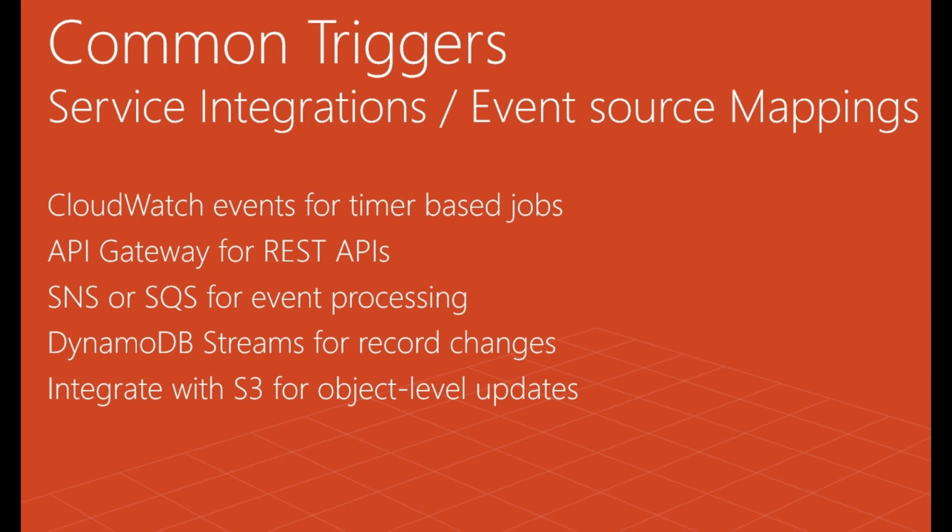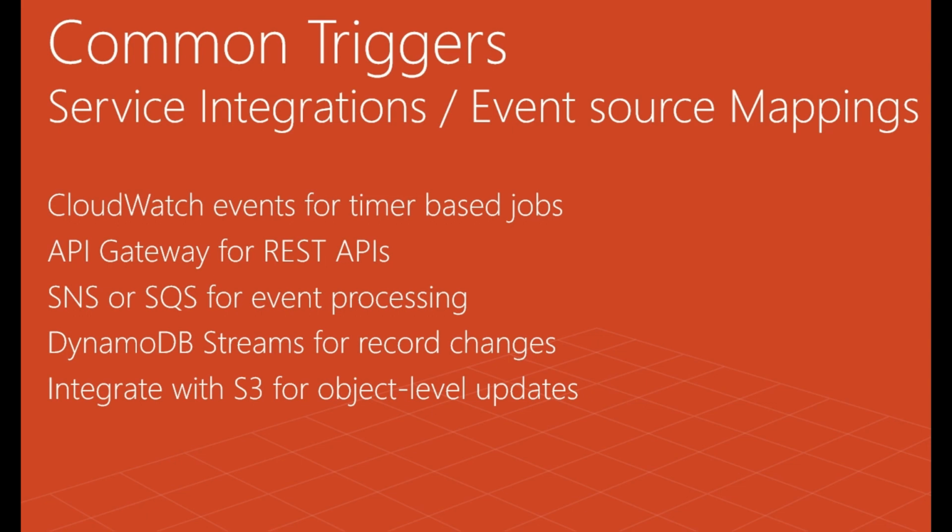Basically, first thing, event sources, which is what we are trying to discuss. Event sources are either external services or AWS resources that can generate events or changes. Lambda can be triggered by a wide range of event sources.